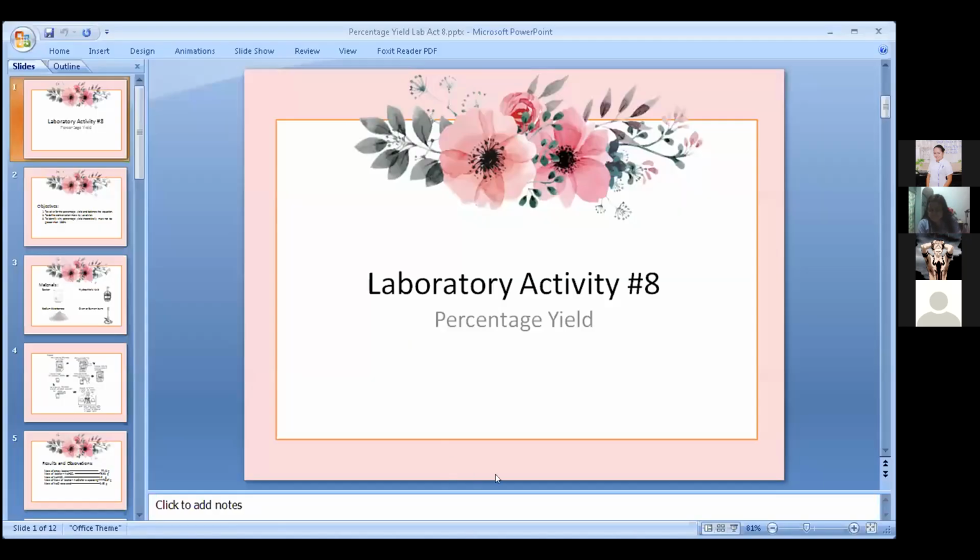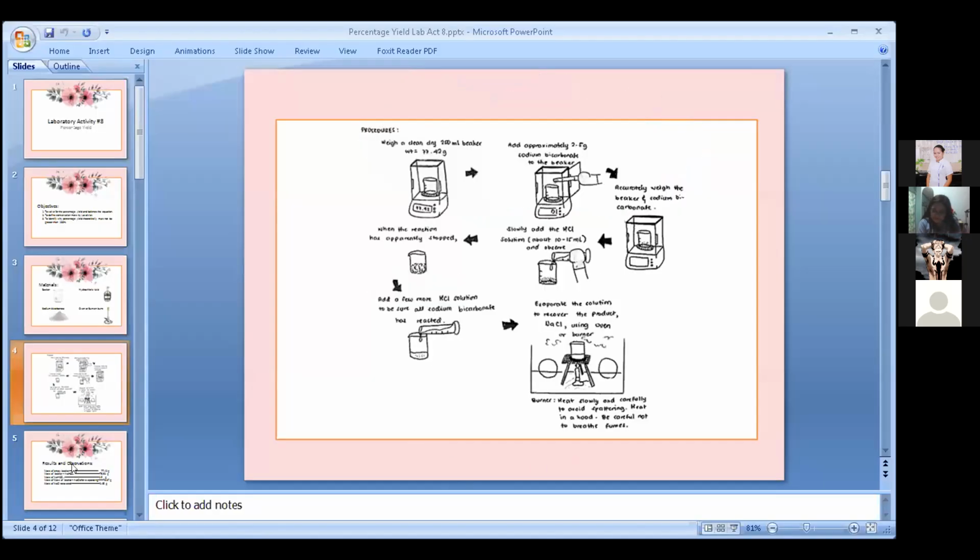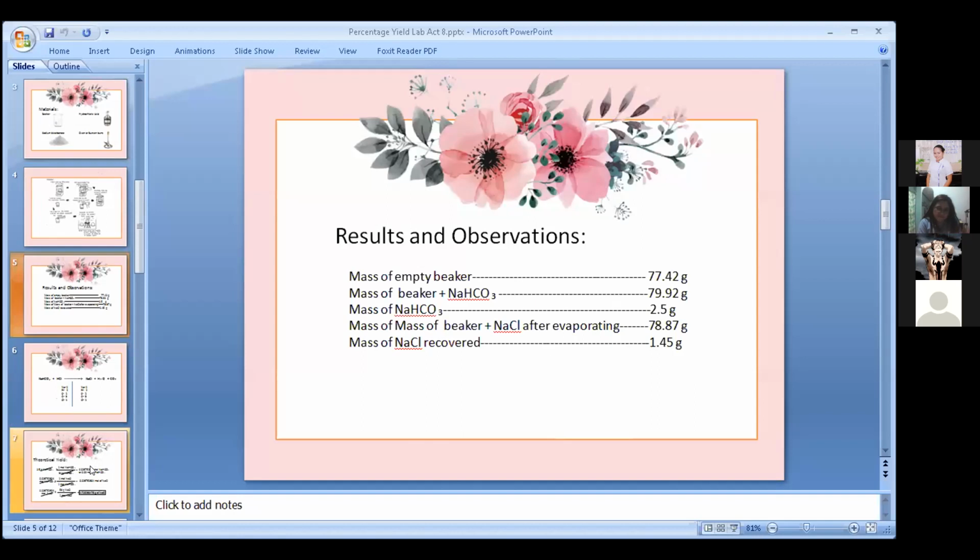Sige, go. Di ba ang theoretical, ang actual yield is dapat dili magsobra sa 100. Di ba theoretical yield, dapat lower siya. What I mean, di ba ang percent yield dapat di siya magsobra sa 100%? What if less than 100% siya?